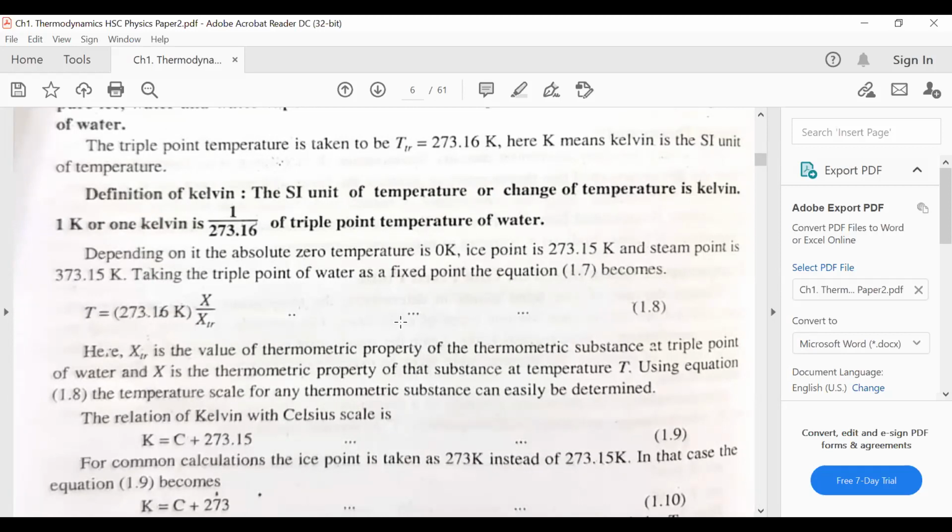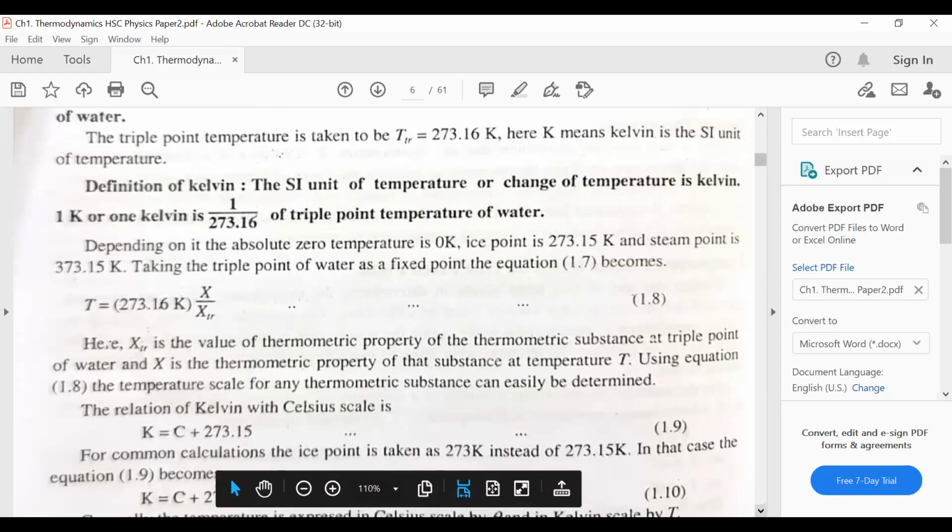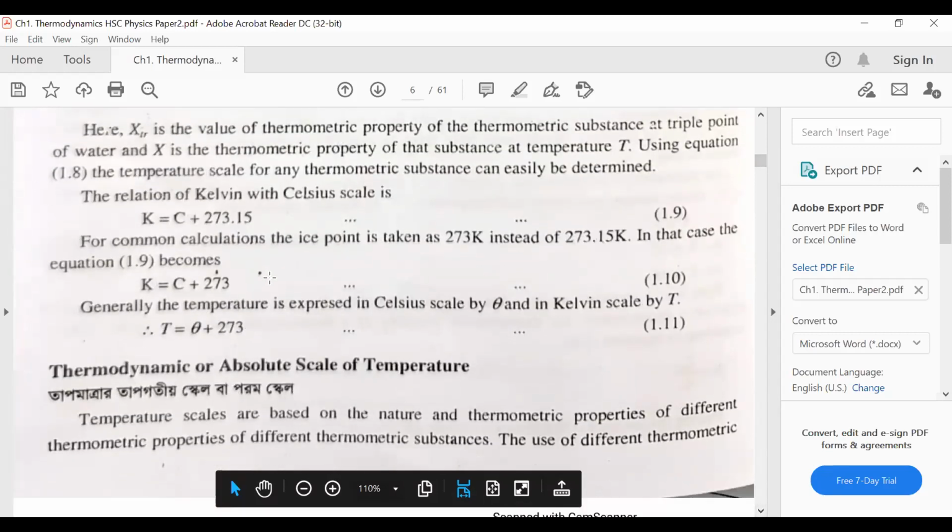So what will be 100 degrees Celsius? 100 plus 273, that is 373 Kelvin. What will be 200 degrees Celsius? Tell it fast. 473. Yeah, 473. You just have to add 273, then you will get the temperature in Kelvin.